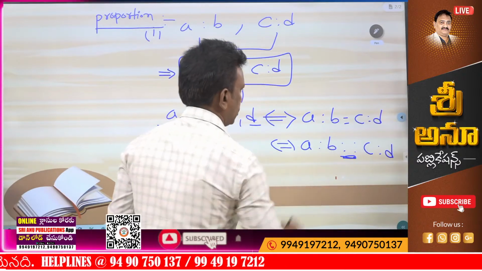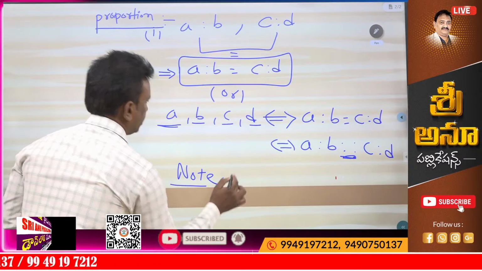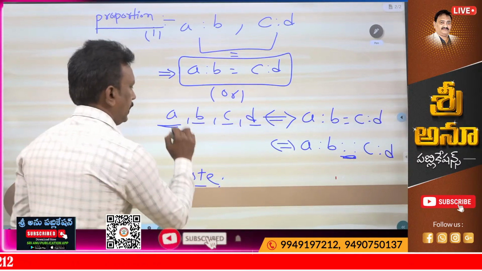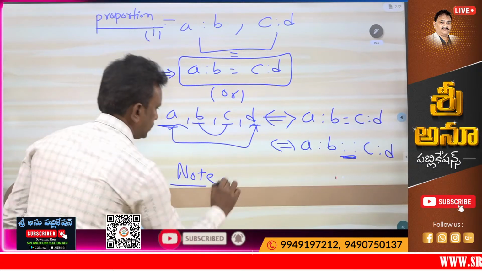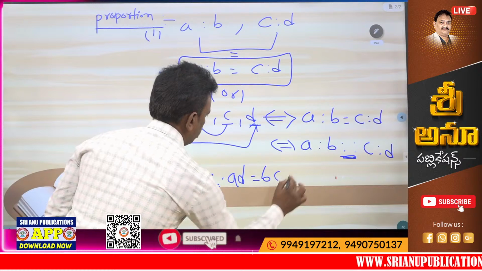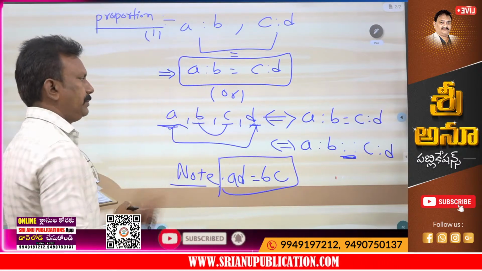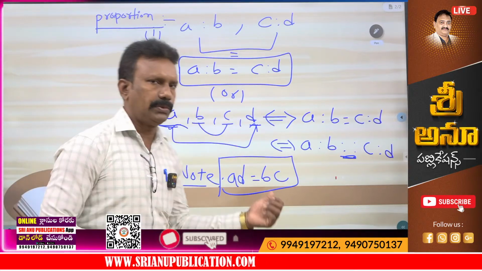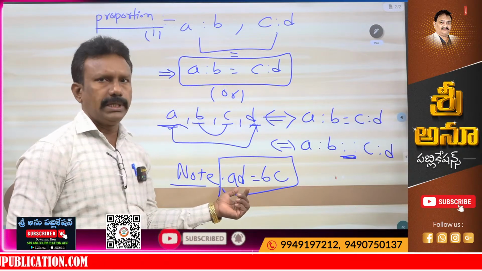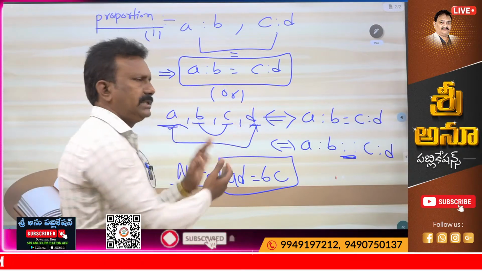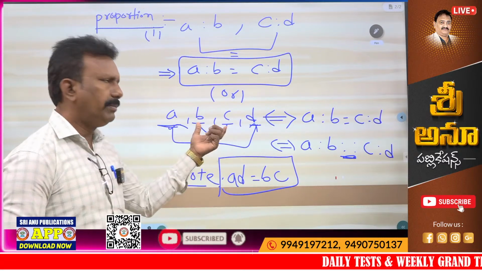And one more result, a very very important one. In case four quantities A, B, C, D are in proportion, the product of extremes is equal to the product of means. That is AD is equal to BC. Extremes means end terms, and means are the middle terms.